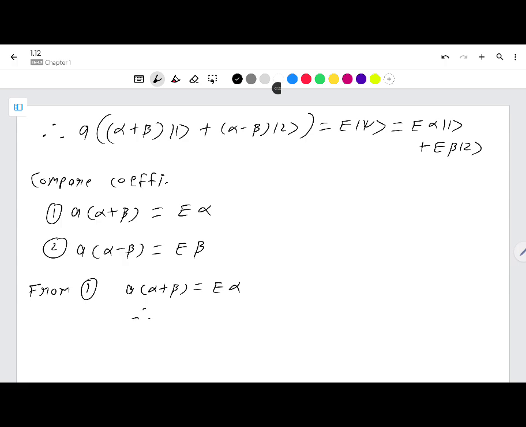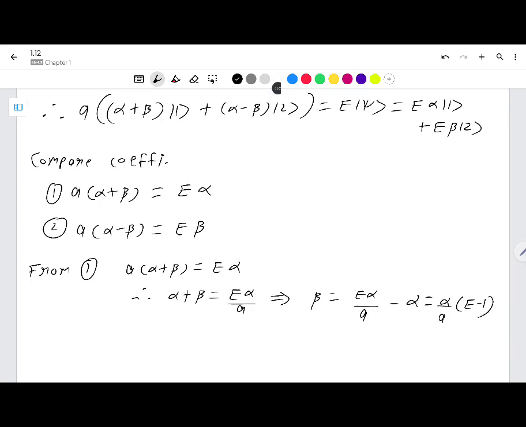That means alpha plus beta equals E alpha by A, and this implies that beta equals E alpha by A minus alpha, which is nothing but alpha times (E by A minus 1).